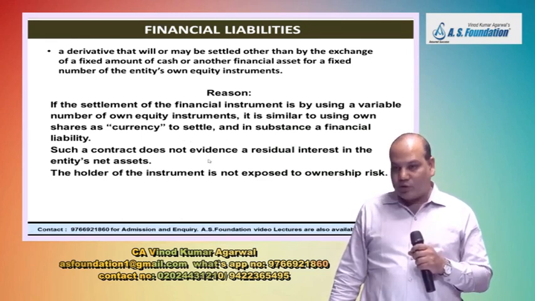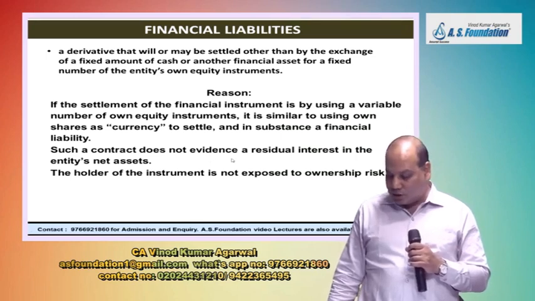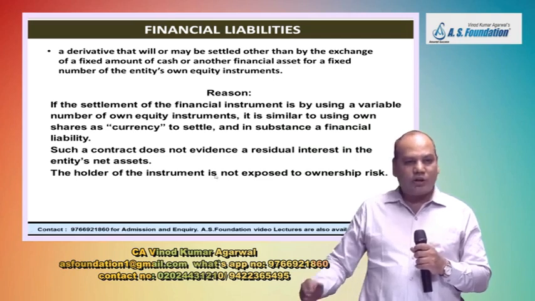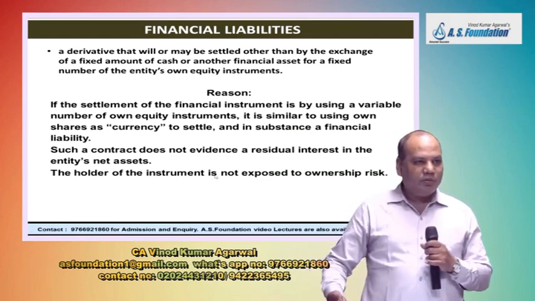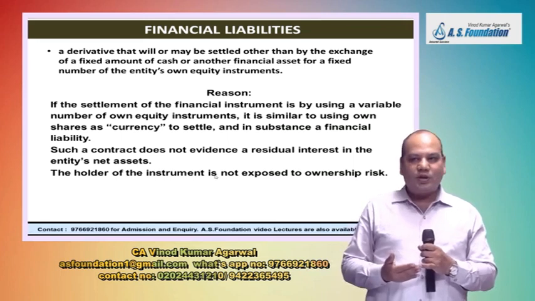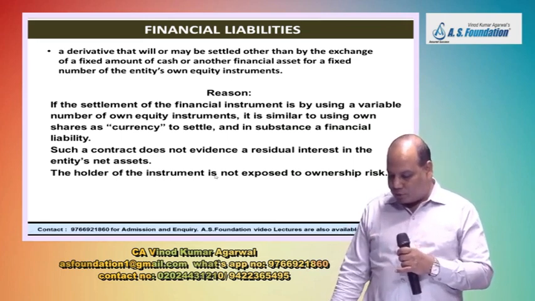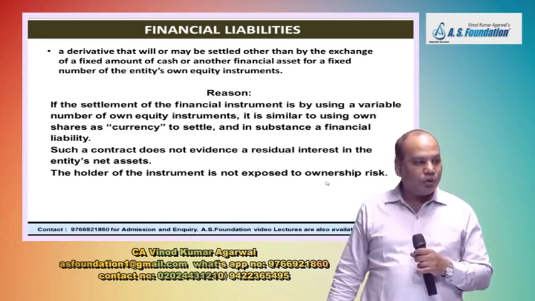Such a contract does not evidence a residual interest in the entity's net assets, because the counterparty is not exposed to the same risk which an equity holder would be exposed to, and therefore the holder of the instrument is not exposed to the ownership risk.